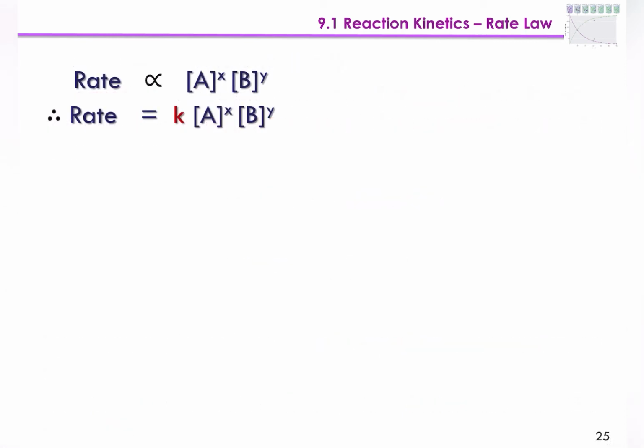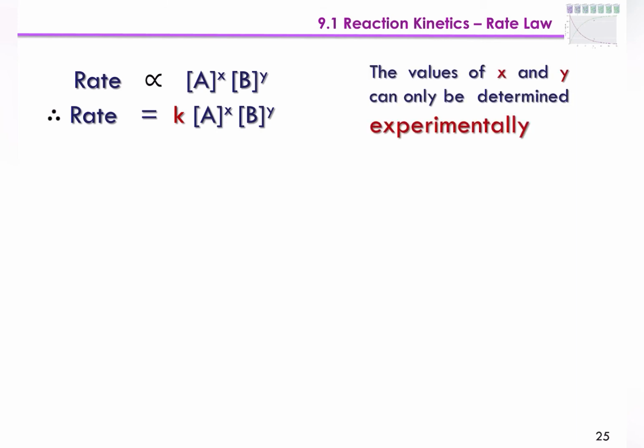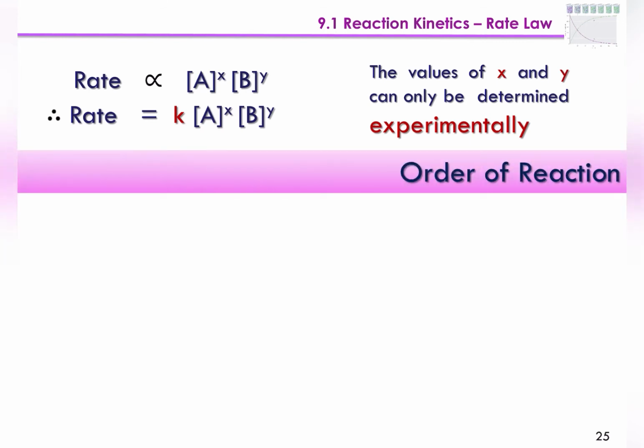So based on your expression from here, you know that the value of X and Y can only be determined experimentally. So there must be a value for them, and you have to determine that one. So X and Y is what we call order of reaction. So this is what I'm going to focus on next.